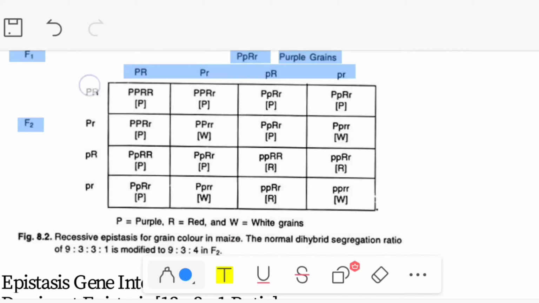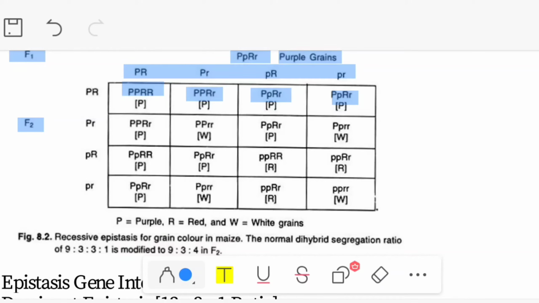And the results here: the first one will have capital P, capital R. Then capital P, capital R, small r; capital P, small p, capital R, small r; then capital P, capital R, small r again.